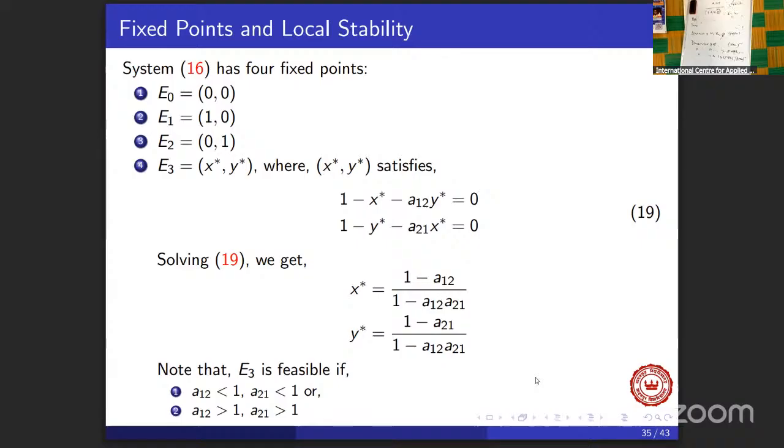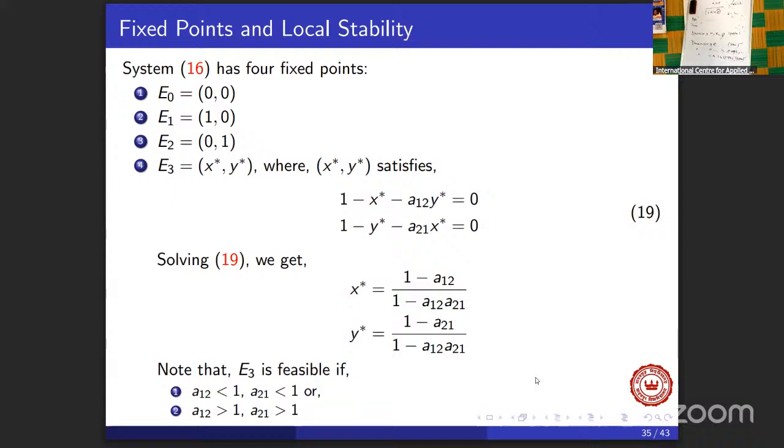If a12 is less than 1, then what will happen in the numerator? a12 is less than 1, the numerator is positive. a21 is less than 1, the numerator is positive. Then if a12 and a21 are less than 1, the product term is always less than 1, so we get x star and y star positive.